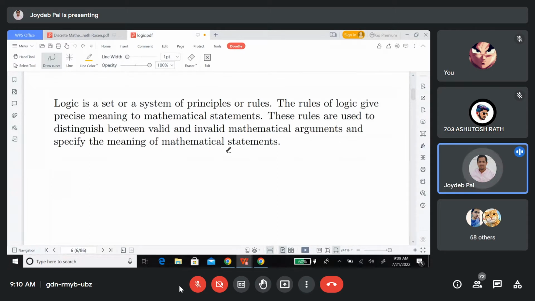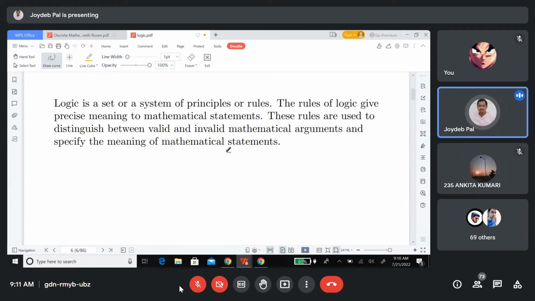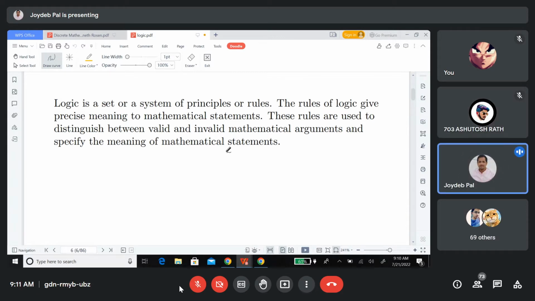So, what do we do by using this set of principles? As I told, we find the meaning of mathematical statements, and in which way? We will verify whether some given mathematical statements are valid or invalid. So we will check the validity of mathematical arguments by using logic. Okay, that is our final goal.